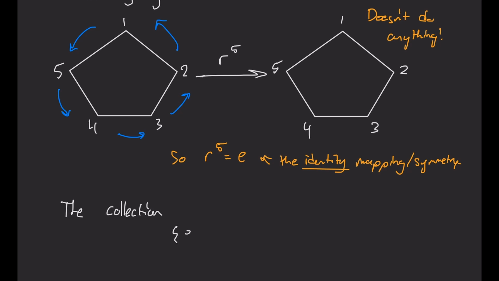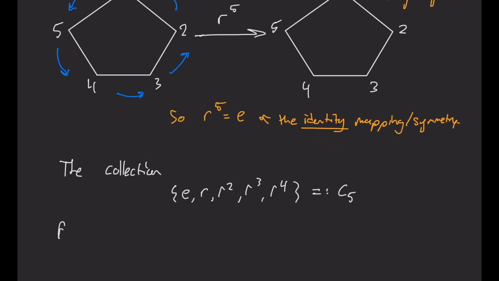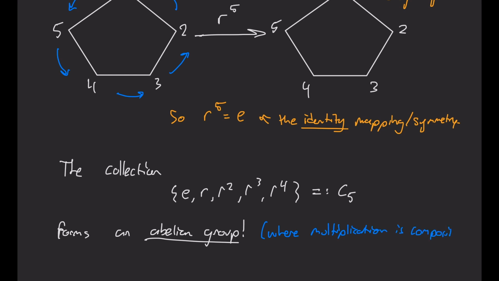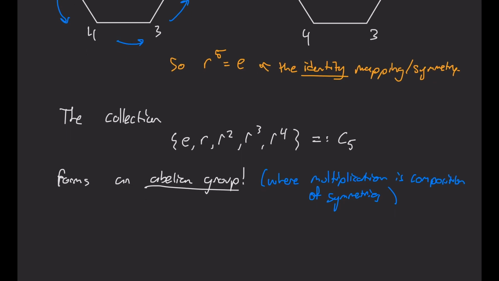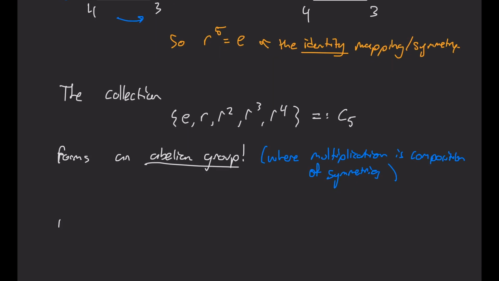Okay, so let's collect all these together: E, R, R squared, R cubed, R to the 4. And I want to call that set C5. And actually, this set forms an abelian group. I have to define the multiplication, but the multiplication is composition of symmetries. Just like we saw with R squared, we apply one symmetry and then the other symmetry to get a multiplication.